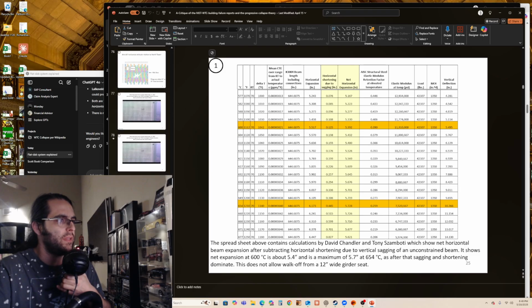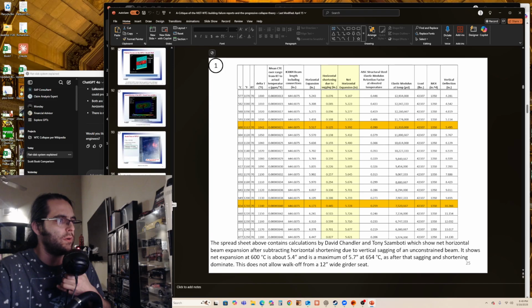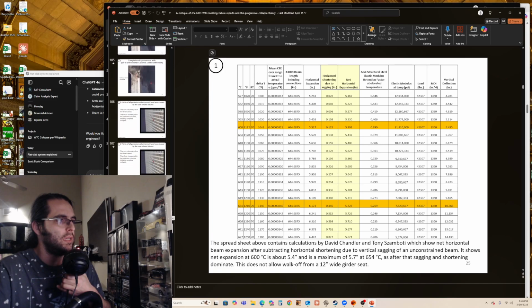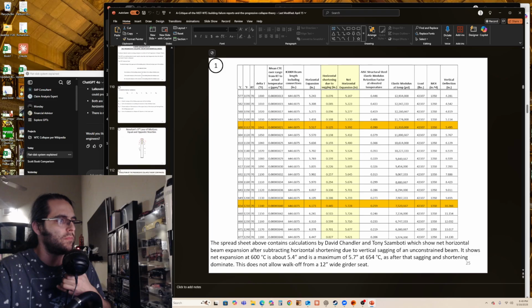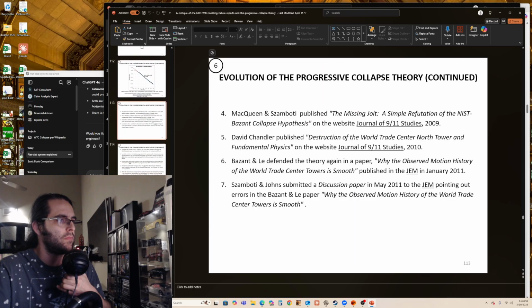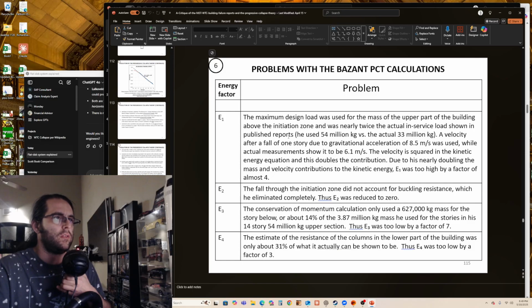But his argument, let's go all the way to where Bazant's model is. So, the design, the mass of the upper part didn't match the in-service load shown in published reports, which increases the kinetic energy by a huge factor.